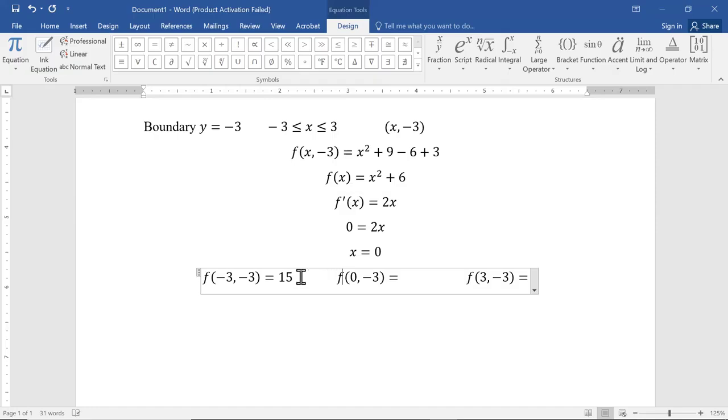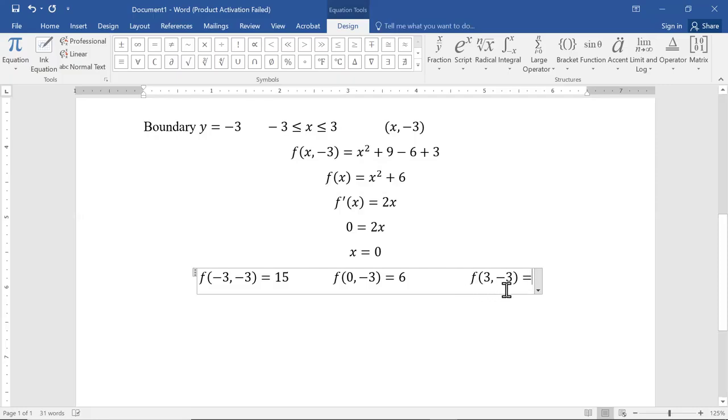When you plug in 0, -3, well, plugging in 0 for x, -3 for y gives you 0 plus 9 minus 6 plus 3, I misspoke earlier, which gives you a 6.